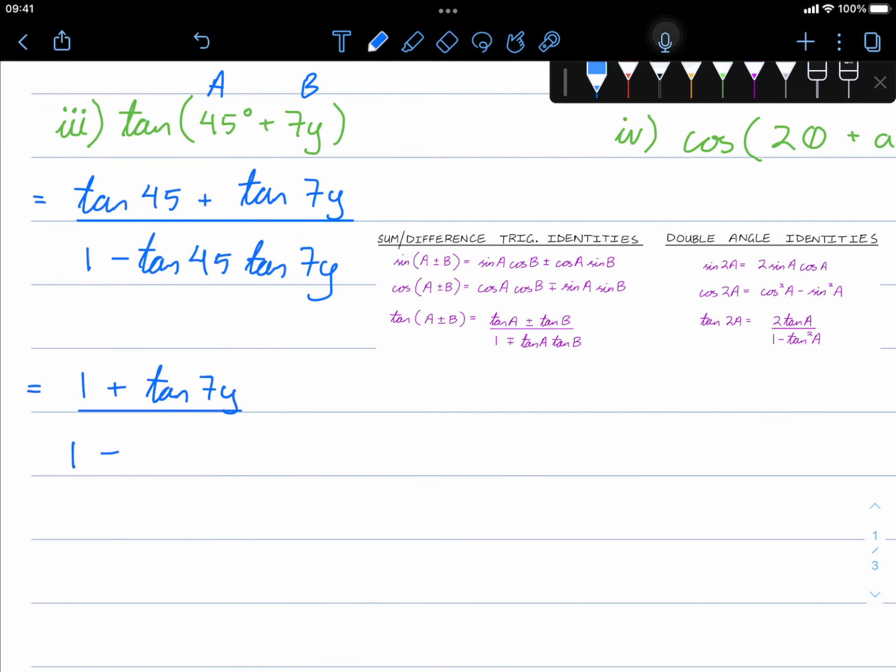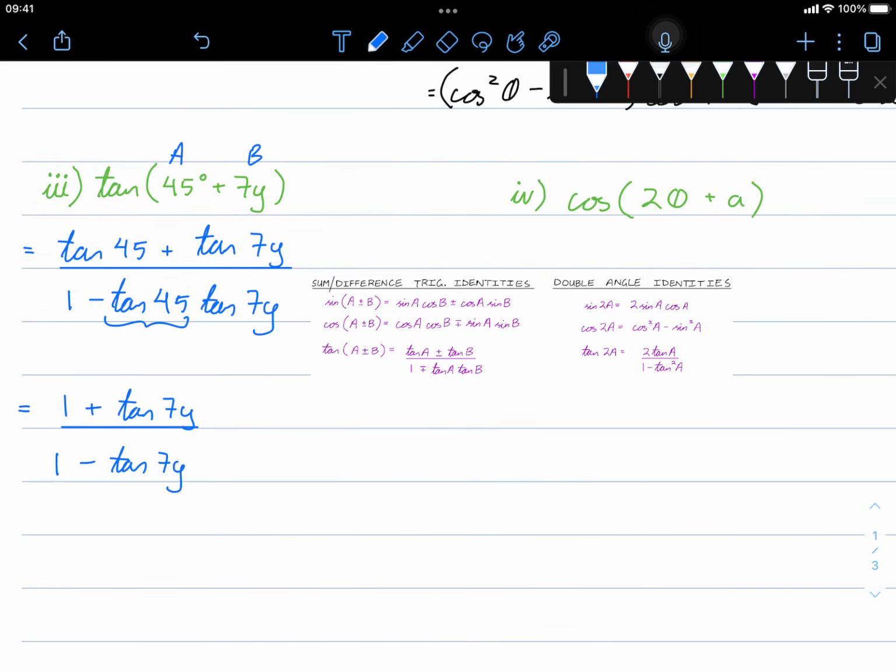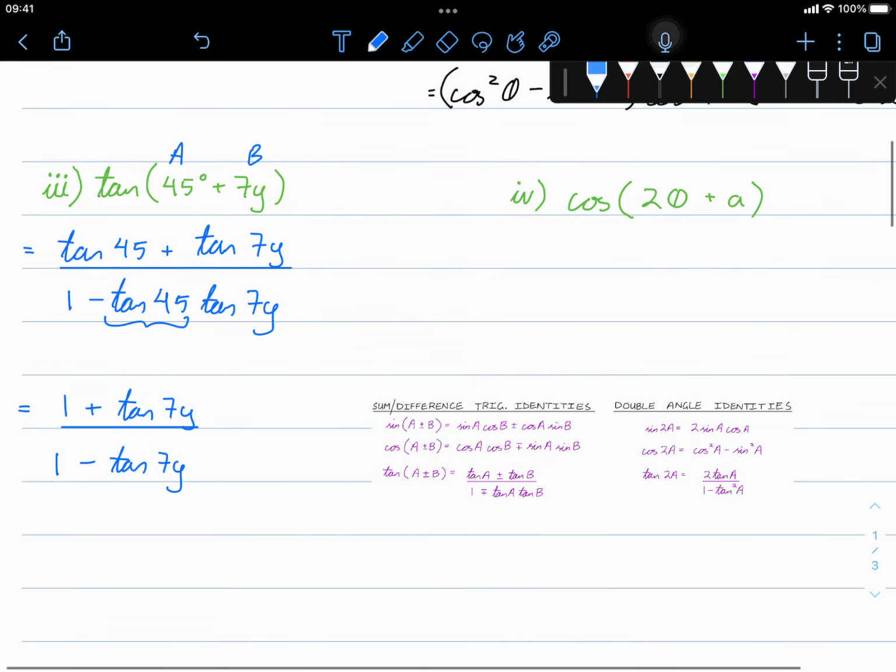So this is now 1 times tan 7y. That's just tan 7y. And that there is as simple as I'd like to keep it for this example. I hope that makes sense to you. Let's move on to one last example shown here.